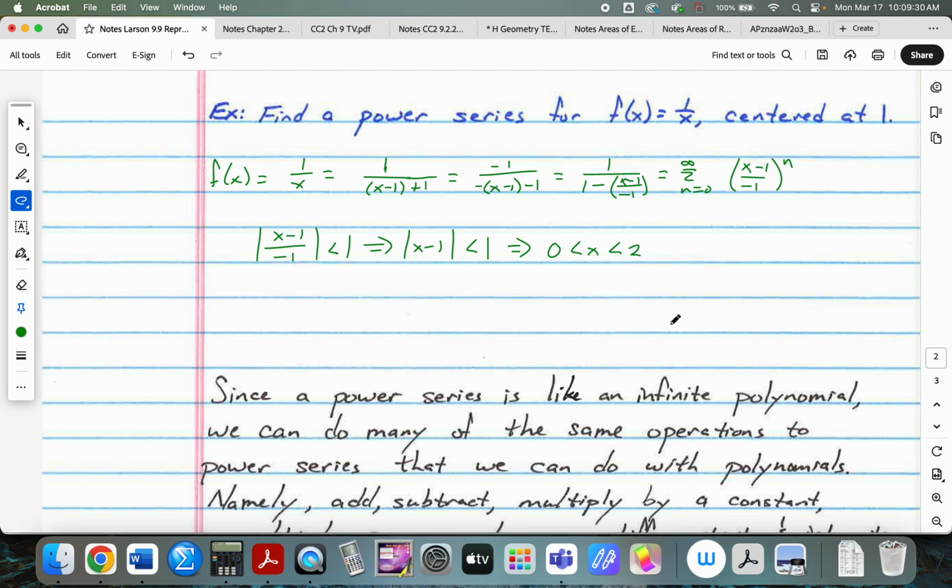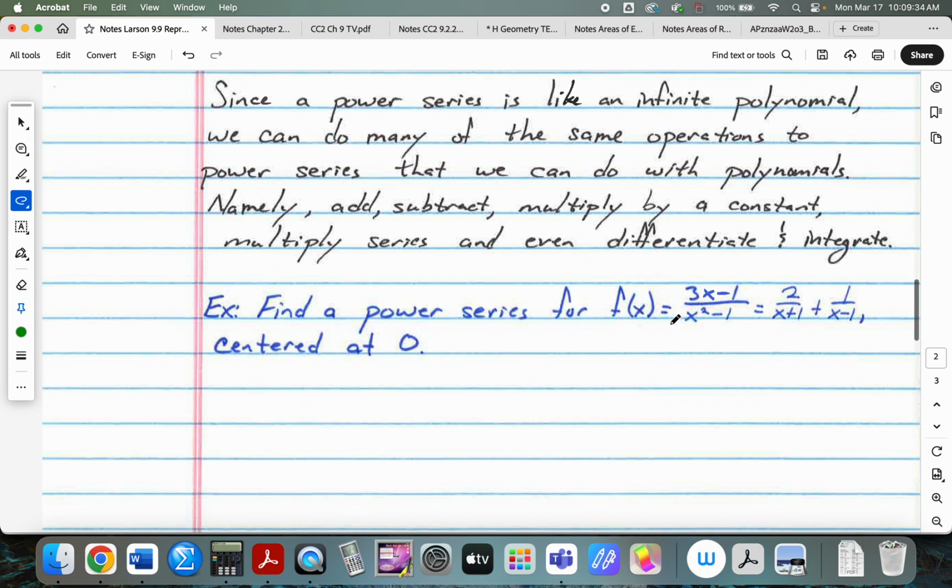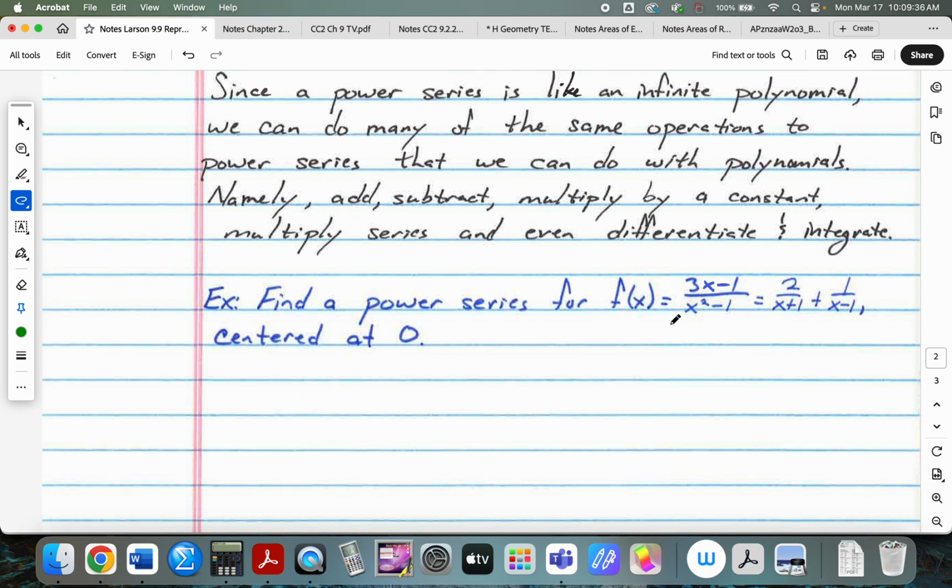Okay? All right. So since a power series is like an infinite polynomial, you can do a lot of the same things that you can do with a polynomial. Namely, you can add, subtract, multiply by a constant, multiply series, and even differentiate and integrate.